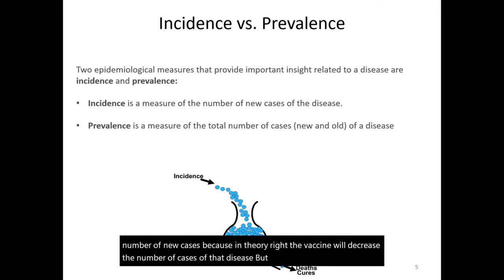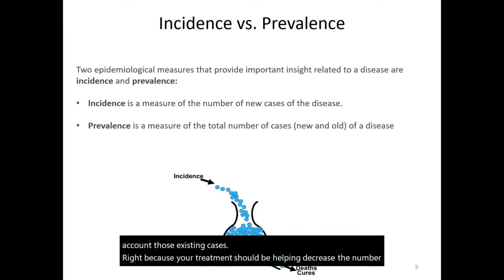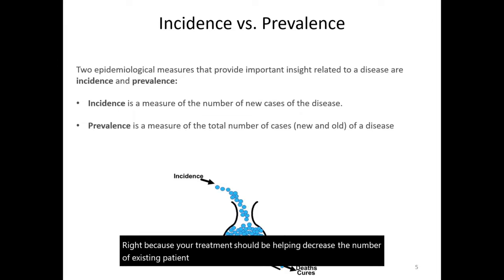But if you were looking at treatment options for a disease, or if you manufacture a type of treatment, you would be more concerned with prevalence because you would want to take into account those existing cases, right? Because your treatment should be helping decrease the number of existing cases as those patients get healthy.